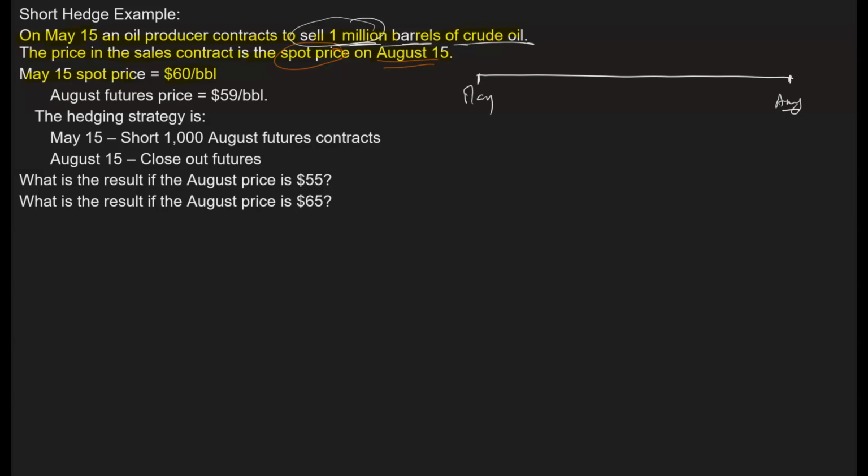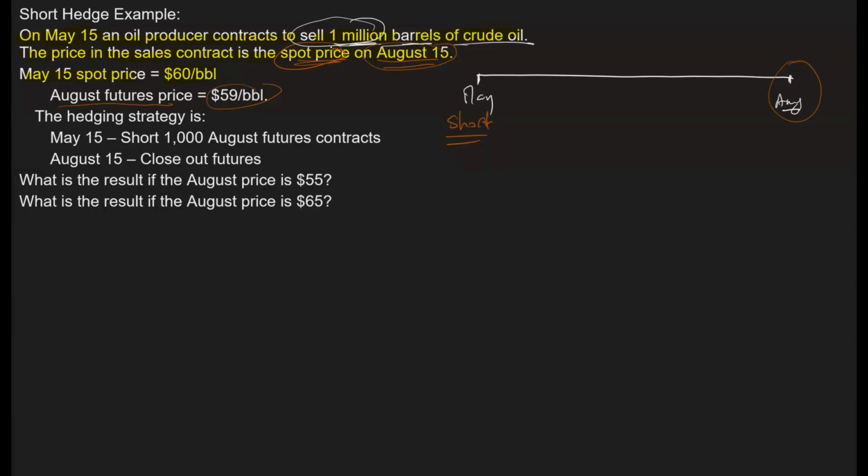So today in May, we take a short position in crude oil. That is going to lock in the price of oil in August. Now, the August futures is going to be at $59 per barrel. So what we do is we take a short futures position at $59 per barrel.